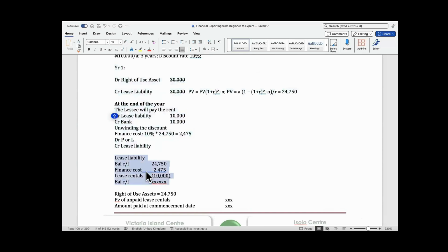This lease liability is the entry you have passed for the liability. This finance cost is the entry you have passed for the unwinding of discount, which is this credit to lease liability, which is why you are adding it here. The lease rentals, which is the rent you paid, you debited the lease liability, which is why you are removing it. So this schedule is just what you have done in your books already.